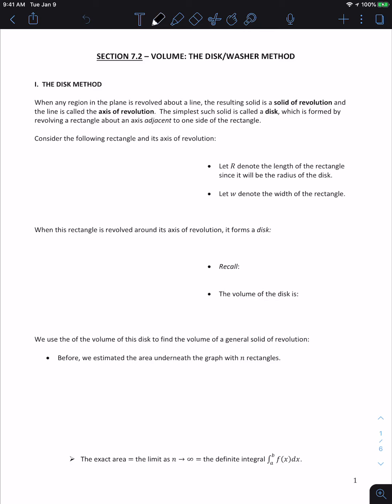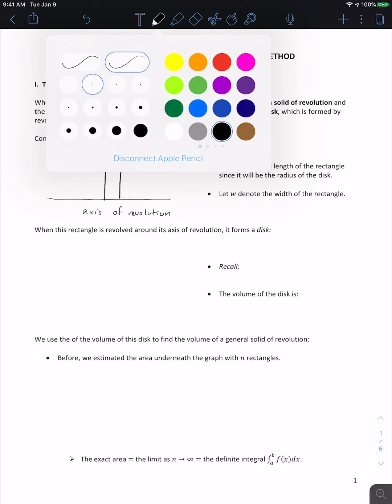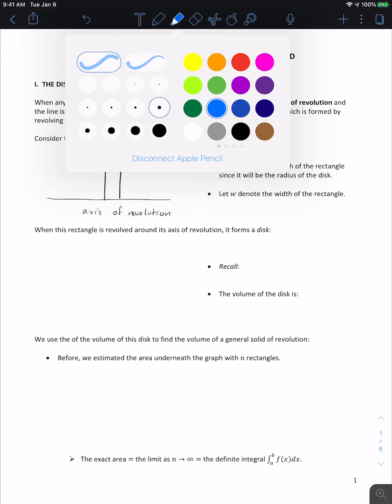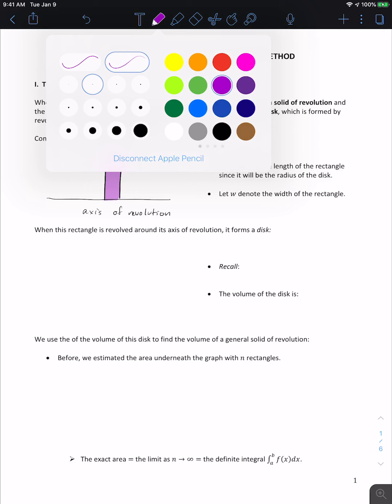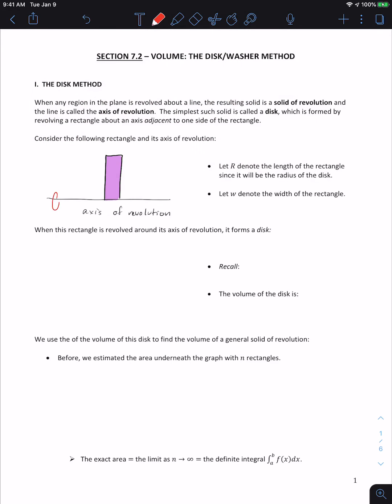So say I have some line here, we'll call this the axis of revolution. And I am going to draw a rectangle here, and color it in as well. The idea is that we're going to revolve this rectangle around the axis of revolution, and it will create a disk.